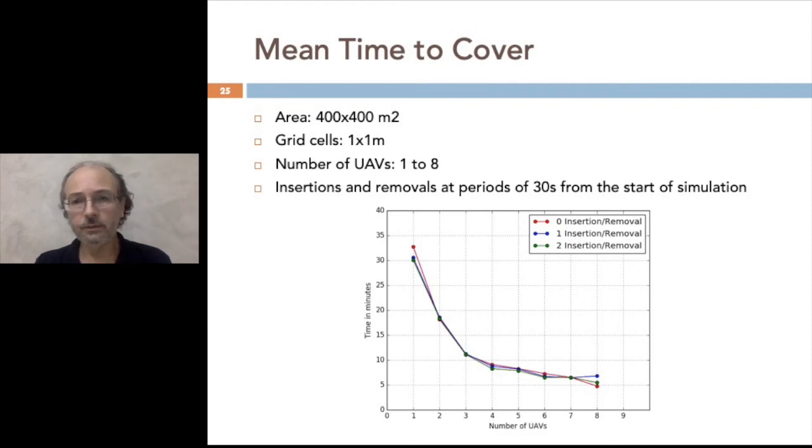One with no insertions of UAVs in the group and no removals of UAVs from the group. A second scenario with 1 insertion and 1 removal, and 1 scenario with 2 insertions and 2 removals. And we can see in the slide here, for example, that in the decrease in time to cover the region, we have a strong decrease when we go from 1 UAV to 4, but a not so strong decrease in the time to cover when we go from 4 to 8 UAVs.